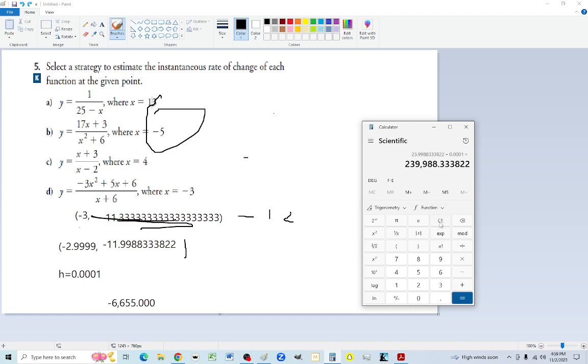Still got it wrong, so hit clear. So we're going to take my f2, which is 11.9988333 negative. We'll do the proper way, minus 12 negative, equals a very small number divided by a very small number.